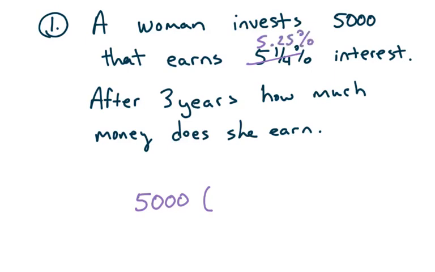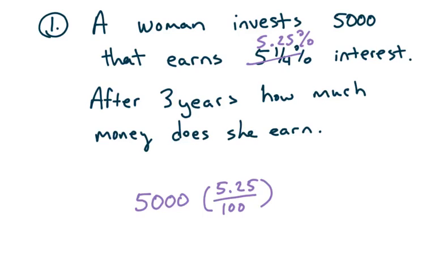Earlier I stuttered because I just really wanted to write 5.25%. When I play with percents, I always like to write them out of 100. So I'm going to say 5,000 times 5.25 over 100. And if I multiply these two together, this gives me how much interest I've earned.